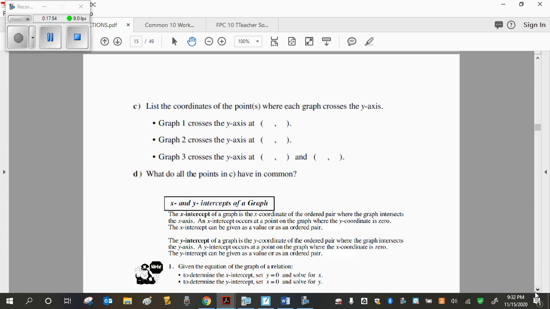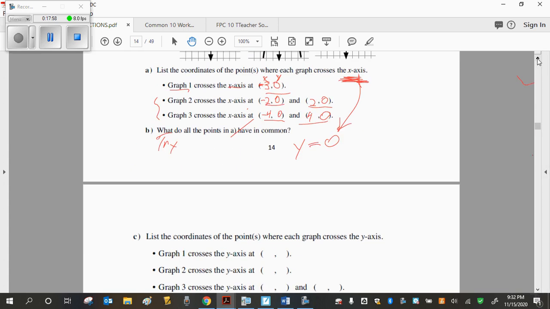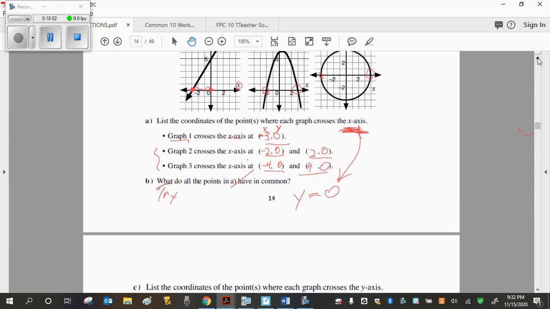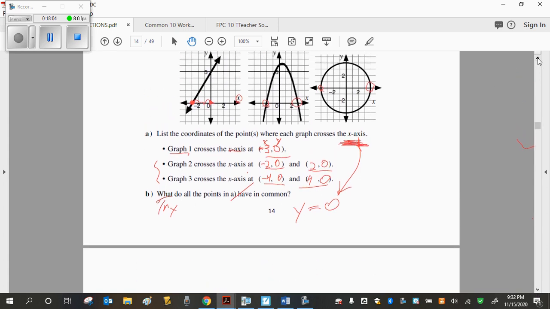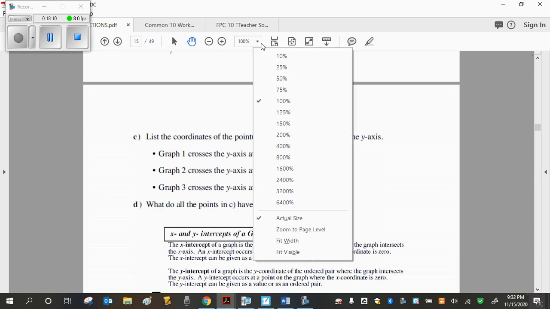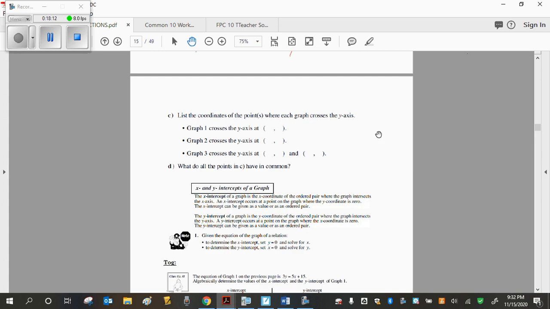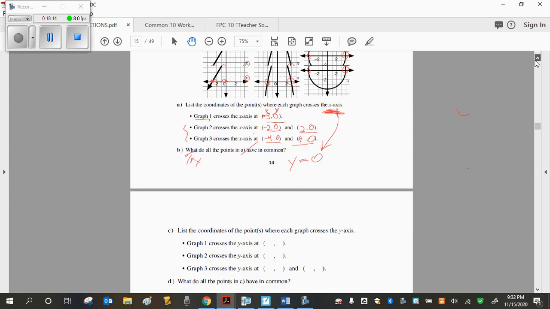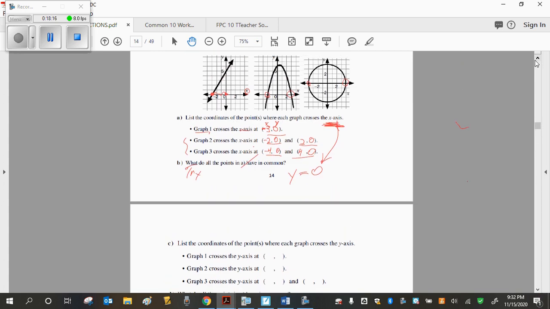Okay, go ahead and do the y-axis. Unfortunately, I'm going to have to minimize it, I think, to get it on the same screen. So go ahead and do C for me, please, with the same graphs.